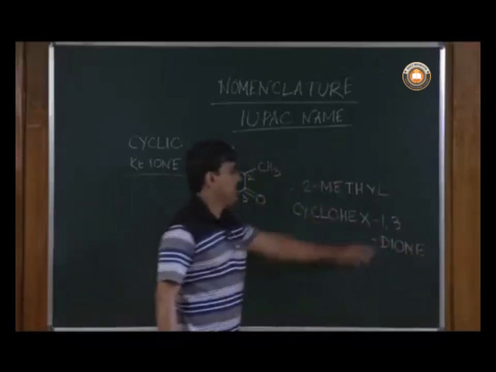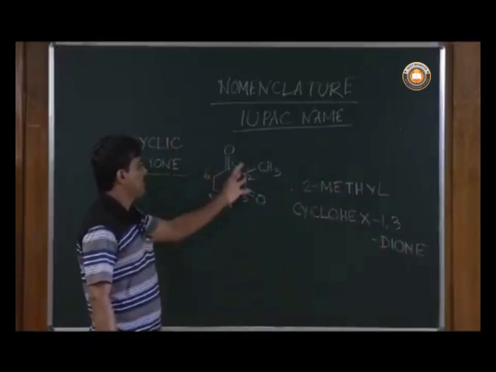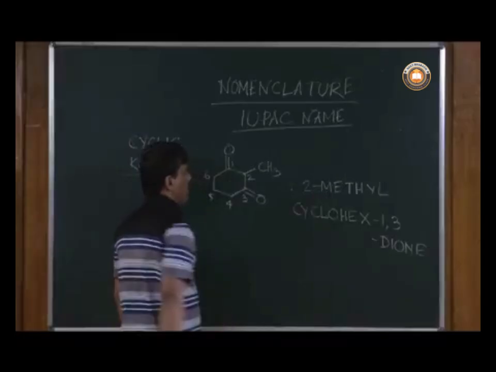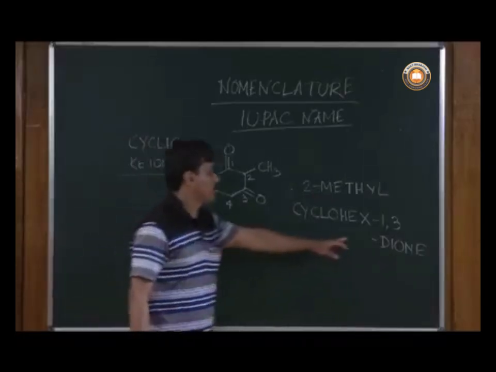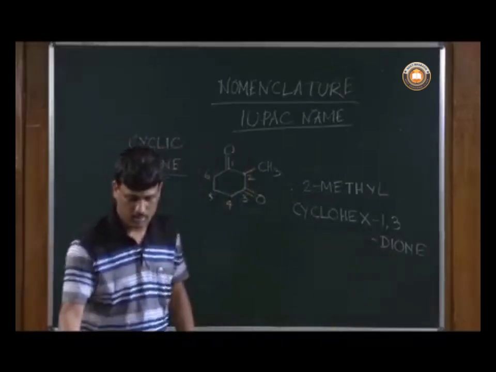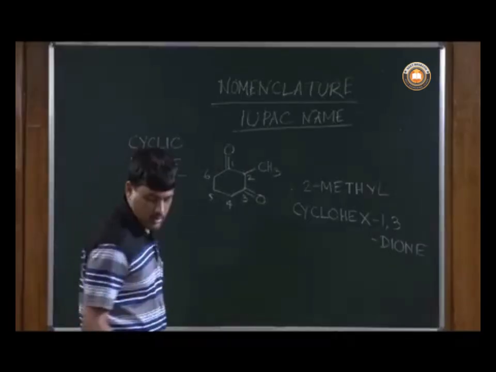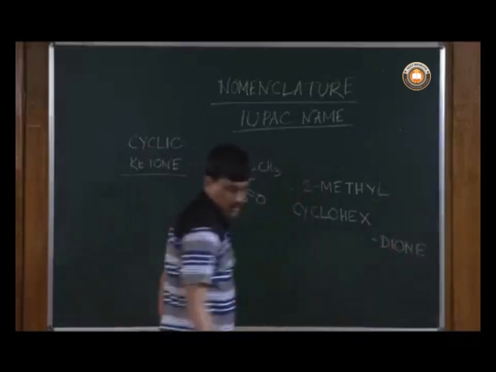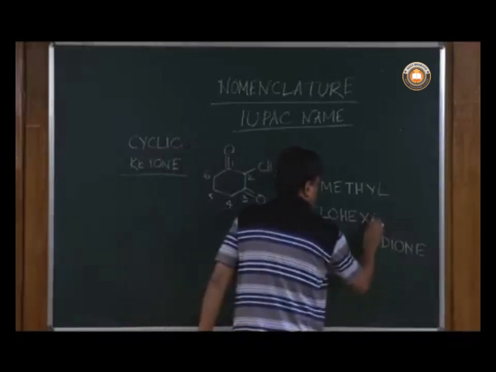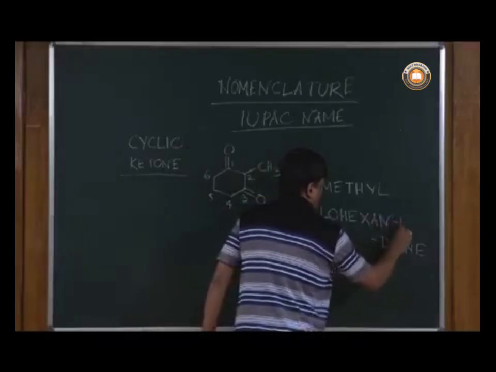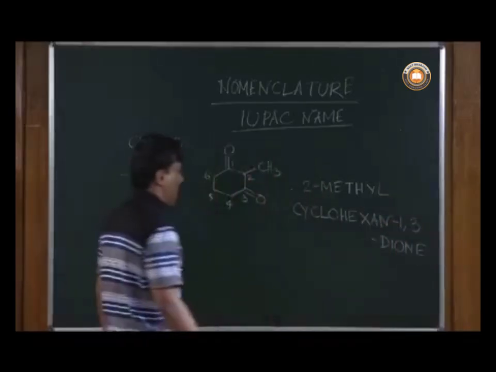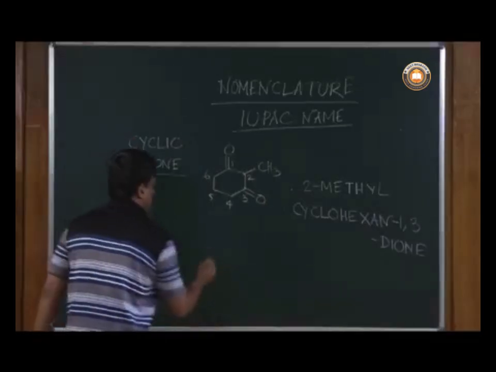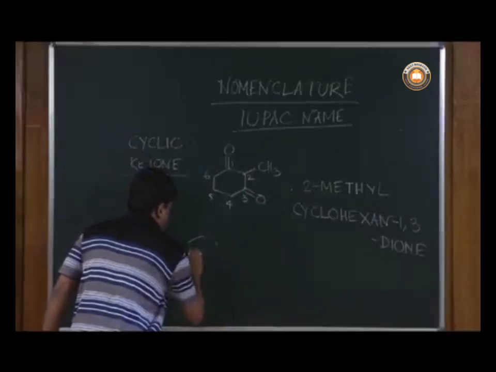here again the position will come, that is, what is the relation, whether they are 1,3 or 1,4. So, then the IUPAC name will be 2-methyl cyclohexane-1,3-dione. Let us discuss another one.